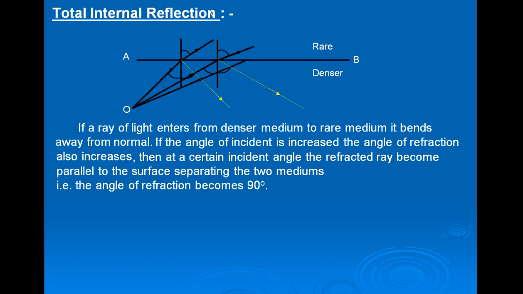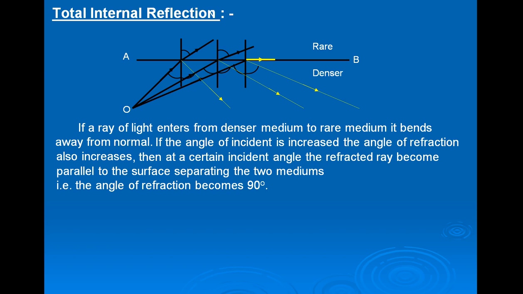So this is the incident ray of light incident on the surface AB. From the point of incidence, this is the normal, and this is the angle of incidence, such that some part returns back in the same medium, obeying the law of reflection, and the remaining part is refracted in the second medium such that the angle of refraction becomes 90 degrees.